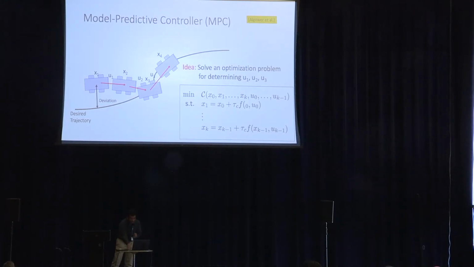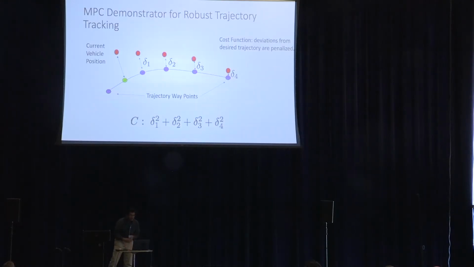All right. So given that we have an MPC controller, we can build an MPC controller for trajectory tracking or robust trajectory tracking. The way we do it is we try and get some finite time horizon. We look ahead from a finite number of waypoints. And we design a cost function that's going to help us be robust.